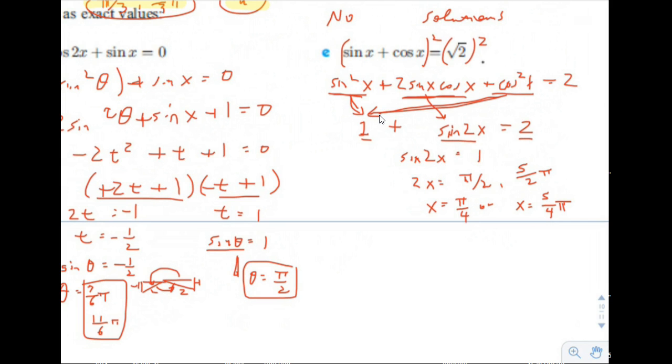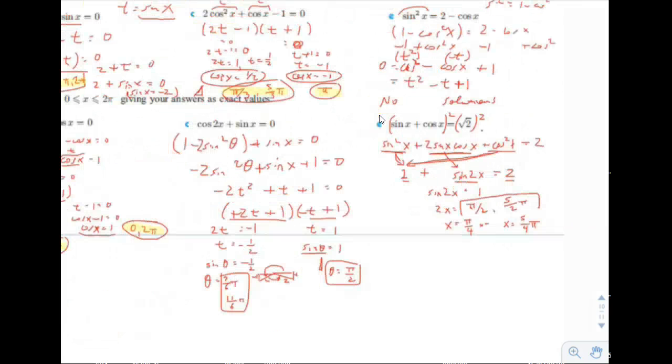We subtract 1 from both sides, and we get sine of 2x equals 1. So 2x is going to be either equal to pi over 2 or 5/2 pi. Those are the two angles which give us a sine of 1 between 0 and 4 pi. And why are we doing 0 and 4 pi instead of 0 and 2 pi?